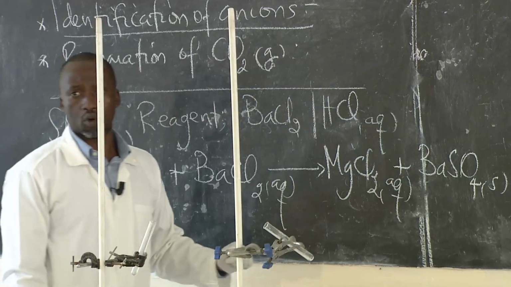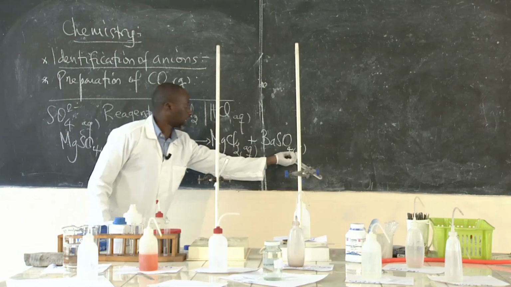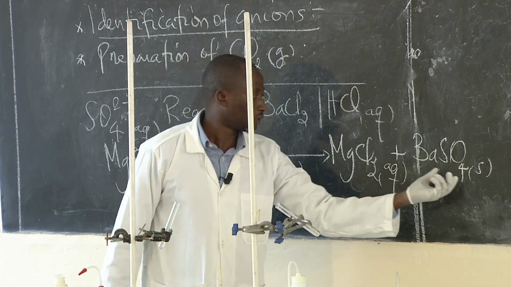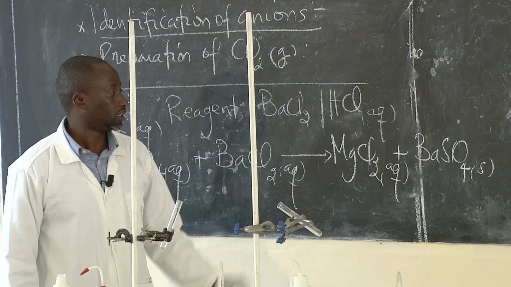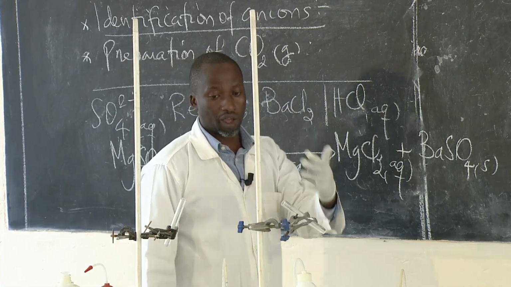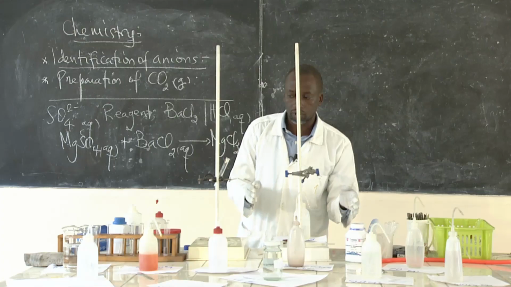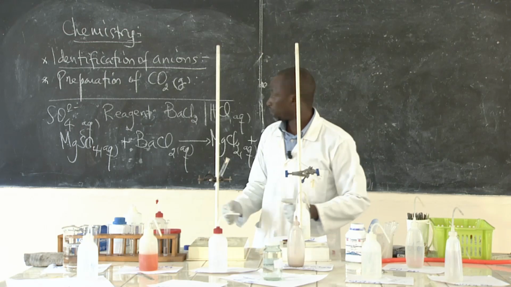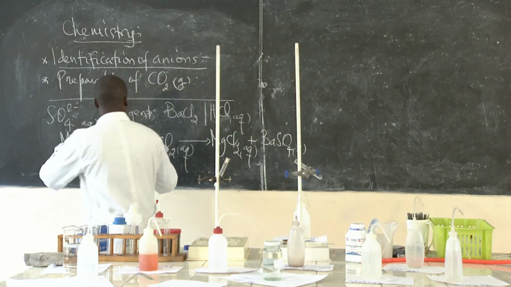This is insoluble. So the precipitate, that's why I mentioned it as a solid. I said it is in solid form. So that's why I had to put that in solid form.